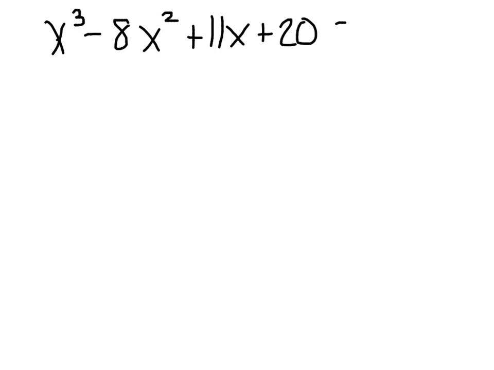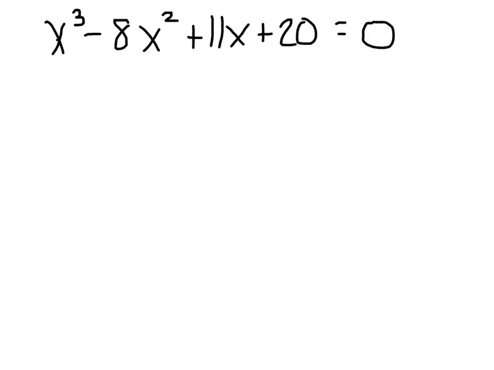It's going to say x to the third minus 8x squared plus 11x plus 20 equals 0. And yesterday, you would have been able to factor that and get it, and it worked out fine. That doesn't factor, or at least it doesn't factor by grouping.